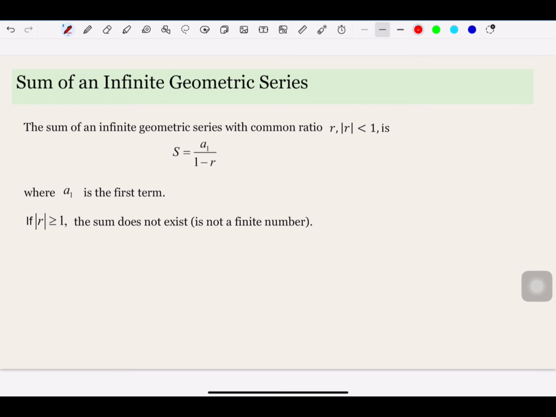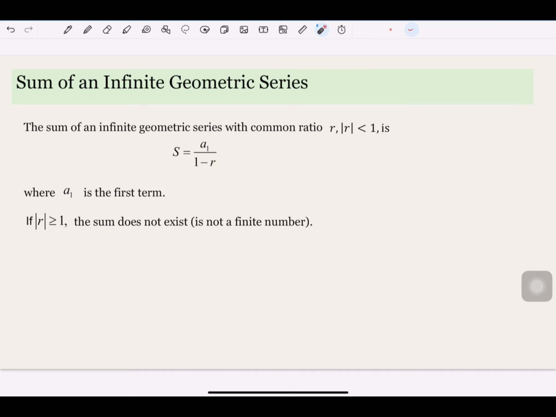In that case, how do we get the sum? An infinite geometric series is again a geometric series but with an infinite number of terms. You might wonder, how can you add up infinitely many terms and get a finite result? Well, in some cases you can.